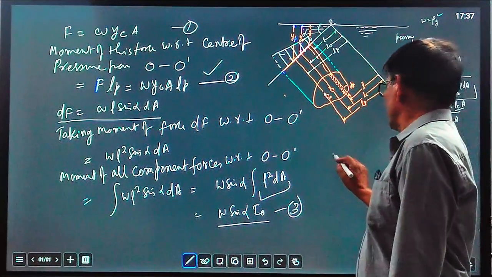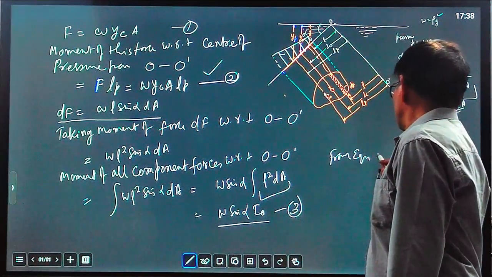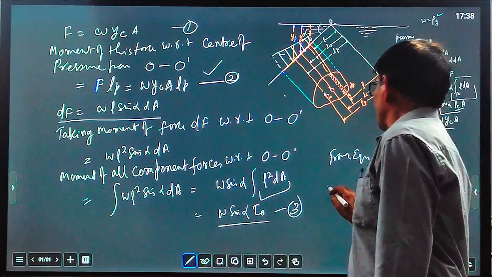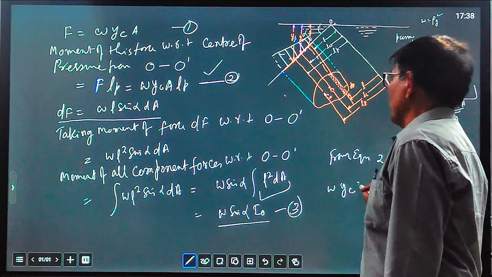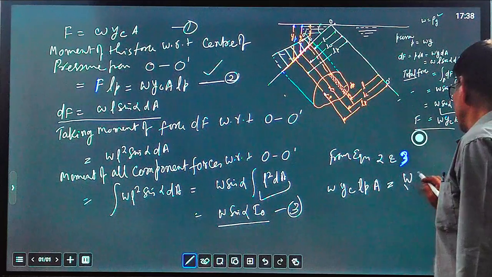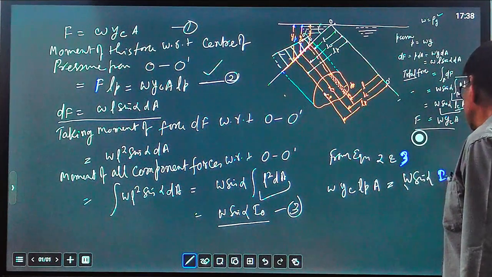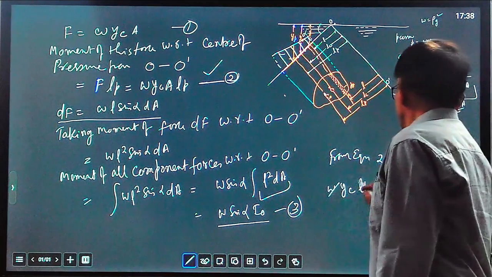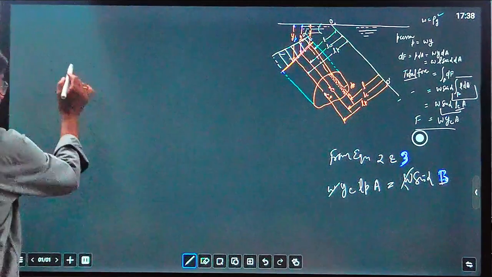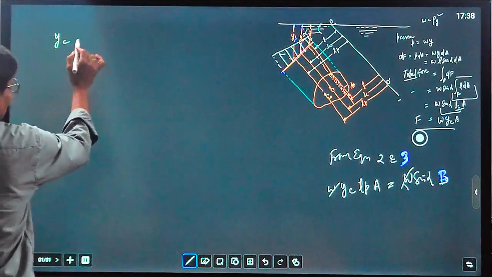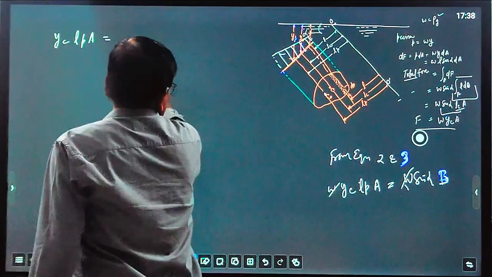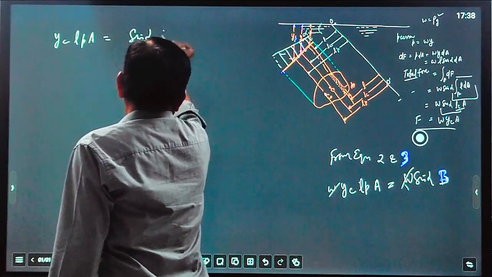Omega YC LP into A equals omega sin alpha into I naught. Now omega can be removed, so the remaining equation is YC LP into A equals sin alpha into I naught.